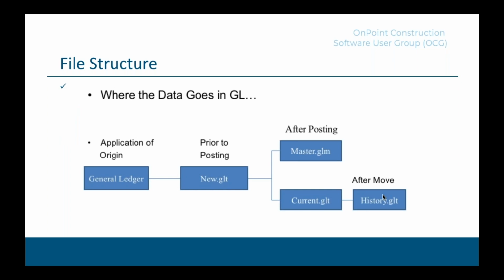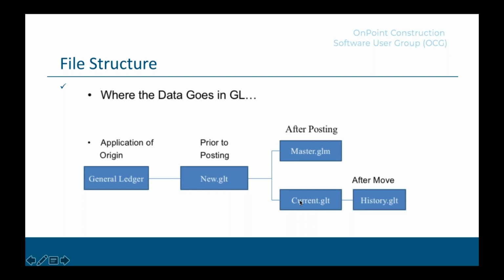Let's say your application of origin is general ledger. Prior to posting, when you're doing a journal entry, it sits in the new.glt. So just by the name of the file, you know what it is: the new file for the general ledger transactions. After you post, it goes to the general ledger master file, and it also moves the transaction to the current GLT.